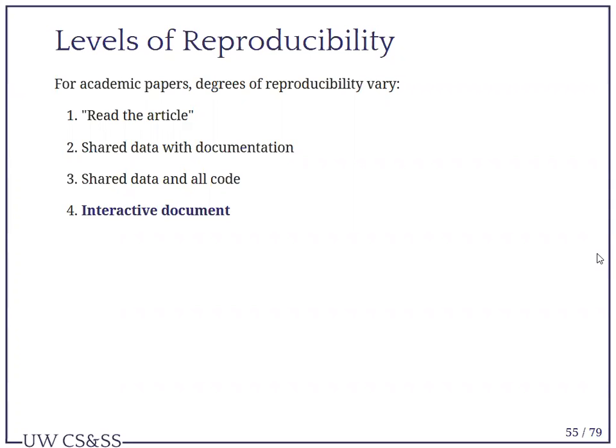The next level of reproducibility is an interactive document. These are really great when you, I'm trying to think of a good one that I've read recently. I feel like maybe at the middle of the pandemic, Chris Adolph came out with a paper that was about different policies about the masks.